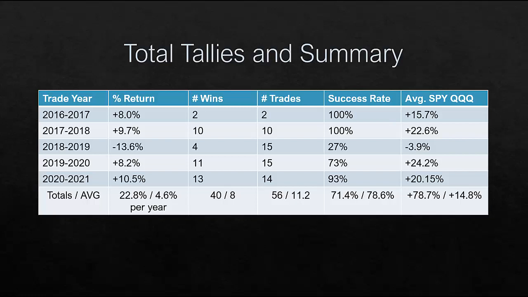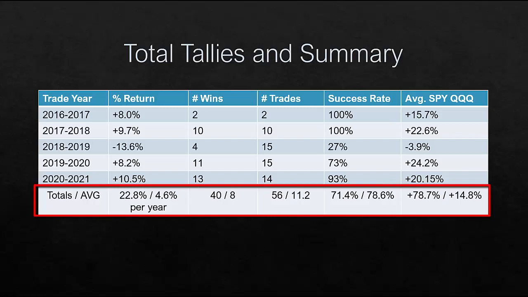Going into the next year, again, didn't quite hit that double-digit return, only had a 73% success rate, which isn't bad, but again, it's only a 73% success rate, 8.2% average return, while the markets were up on average about 24.2%. The following year, a little bit better, 10.5% average return on the top 14 trades. 13 of the 14 trades were successful for a 93% success rate, and the markets as a whole had an average of 20%.